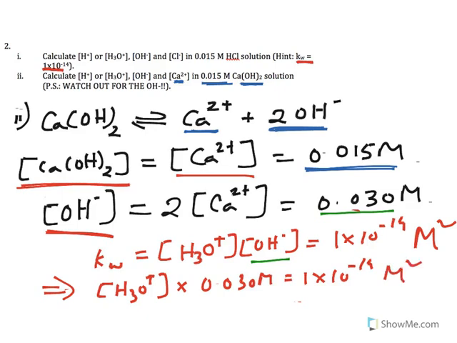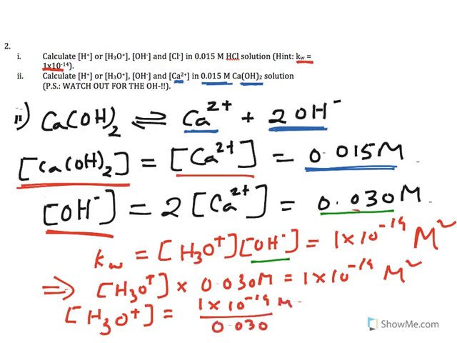Now dividing both sides of this equation by 0.030 molar, we get an H3O+ concentration equal to 1 times 10 to the power of negative 14 over 0.030 molar squared over molar. So we end up with an H3O+ concentration of 3.33 times 10 to the power of negative 13 molar, which is our answer. Let us now move on to the next example, which deals with weak acids and bases.